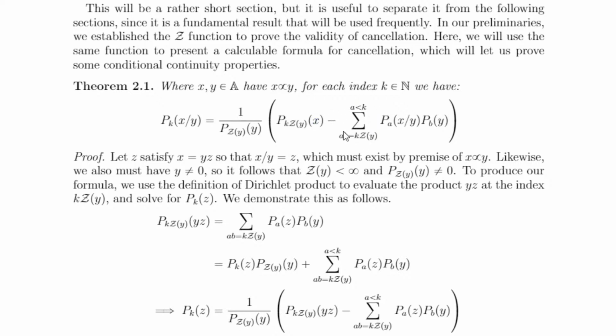We have some summations over a's and b's, and we have more projections. Here we have a projection of y, and then here we have a projection of x divided by y. This whole formula is kind of crazy. There's a lot of stuff going on. What's important, though, is that we're trying to calculate the kth projection of x divided by y.